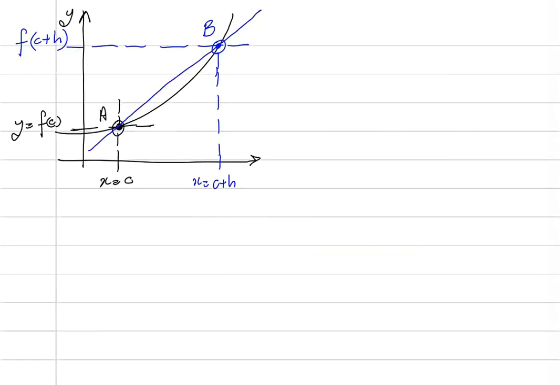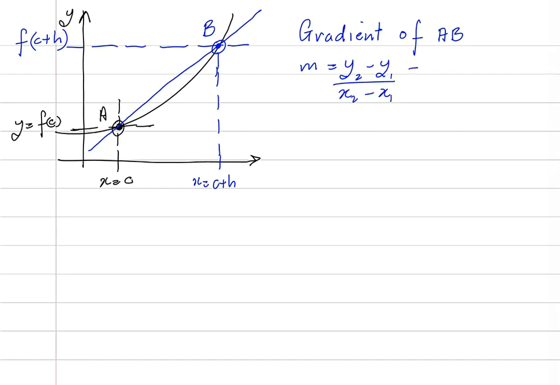By looking at the graph, we can see that the gradient of AB, and that's m, would be equal to y2 minus y1 over x2 minus x1. Let's use the coordinates at B to be x2 and y2.